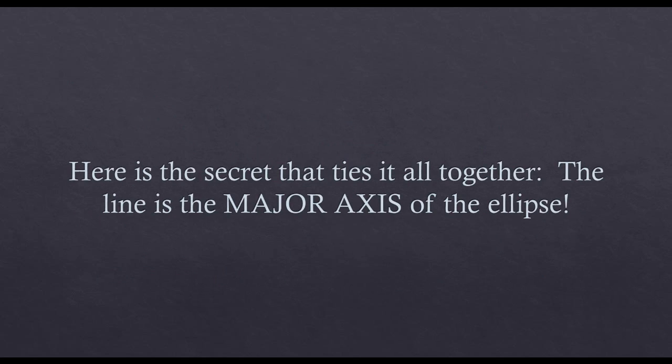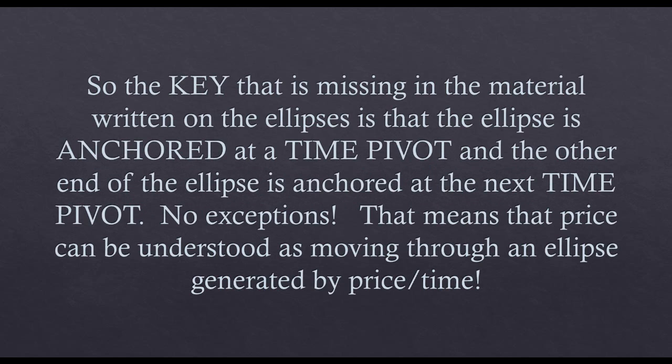So here's a secret that ties it all together. The line is the major axis of the ellipse. Wow. So the key that is missing in the material written on the ellipses and available on the internet from various authors is that the ellipse is anchored at a time pivot and the other end of the ellipse is anchored at the next time pivot.